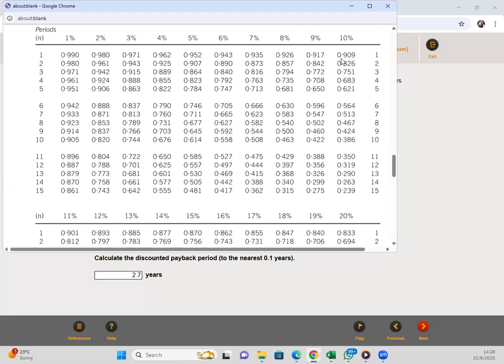You just come to 10% if it's 10%. If it's 11%, you just come for 11%. But if you want to calculate it, you can use the formula 1 plus R to the power minus A. Is it okay, or do you still want to see how we can derive it? I think we use the table, it's very fast. So that's fine.